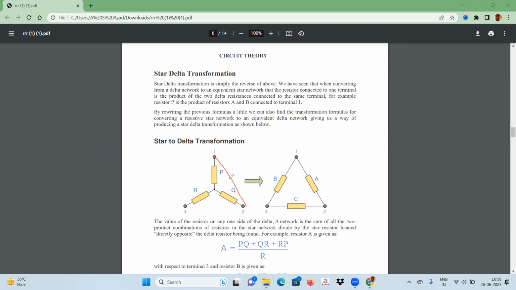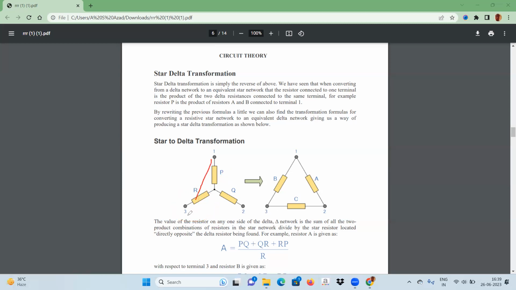The most opposite component. If this is A, then the most opposite component will be R. So the formula will be P into Q plus Q into R plus R into P divided by the most opposite component, that will be R here for A.